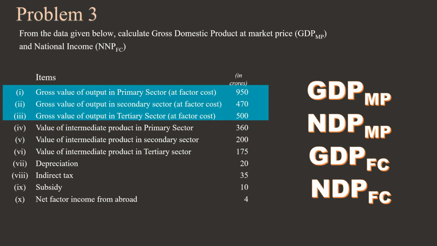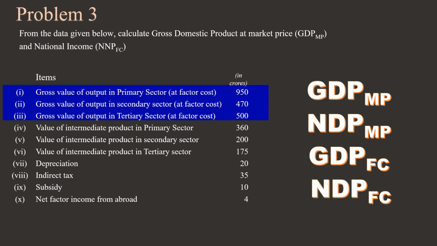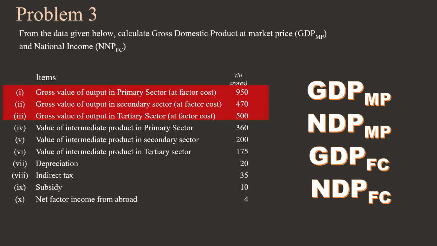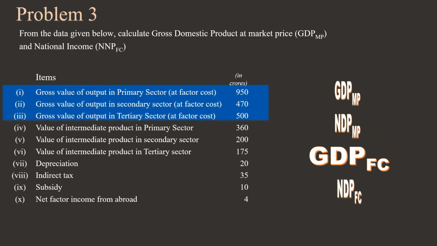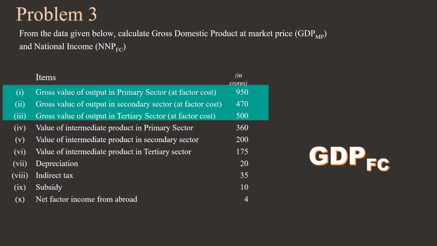The first three items clearly tell us that NIT has been subtracted from the gross value of output of the three sectors. So, the first value you have to calculate in this problem is GDP at factor cost.